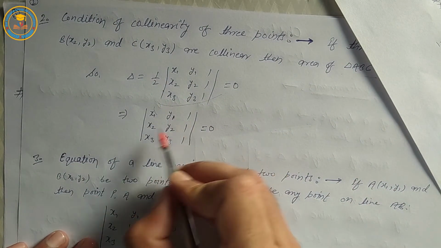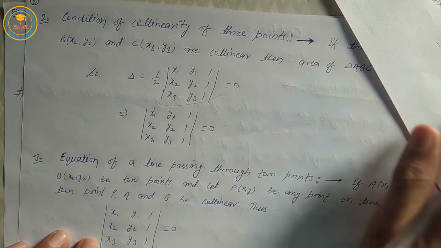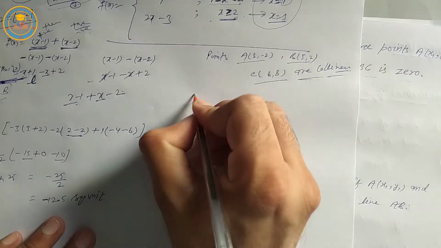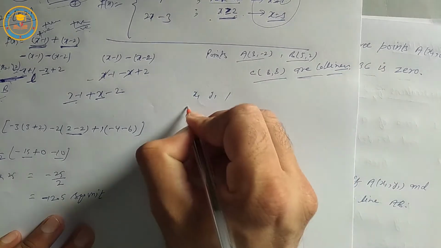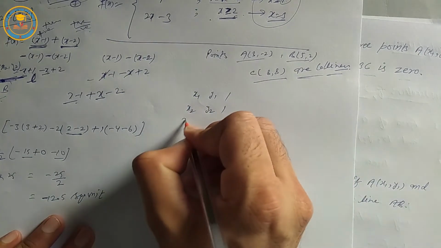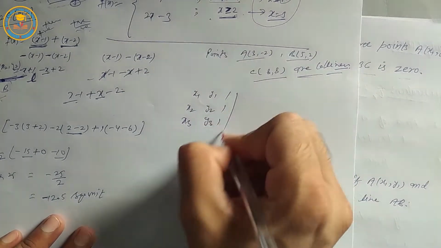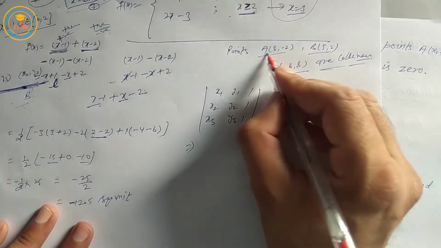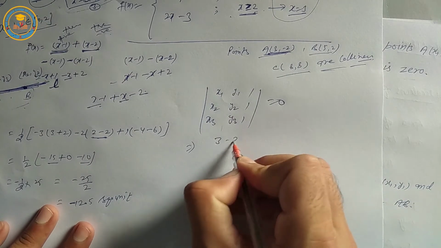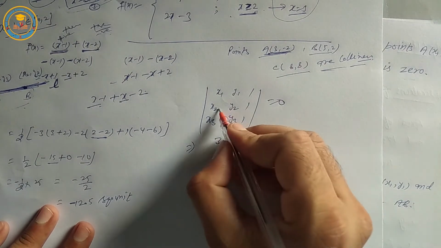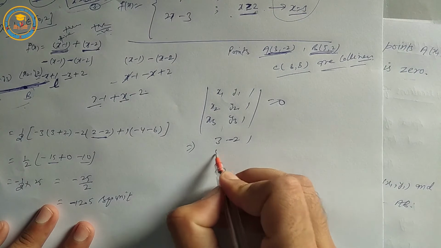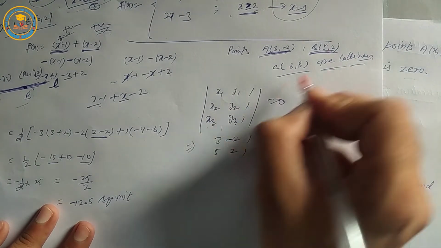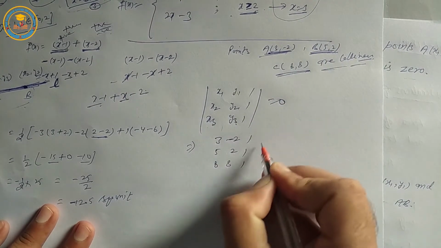It means the determinant x1 y1 1, x2 y2 1, x3 y3 1 is equal to 0. Apply the formula: first point (3, -2, 1), second point (5, 2, 1), third point (at, 1).